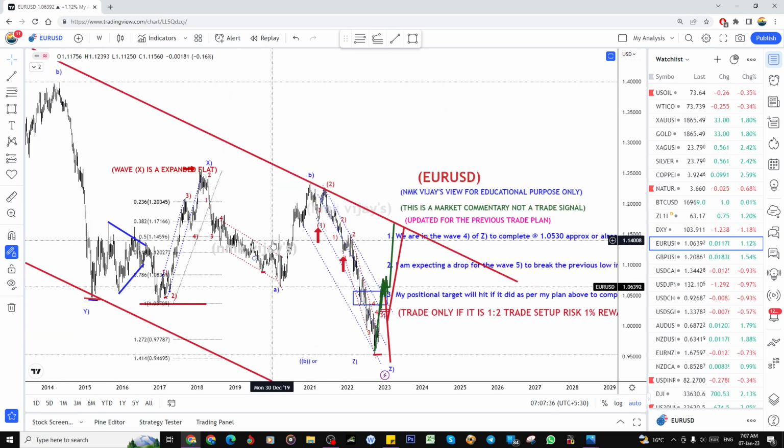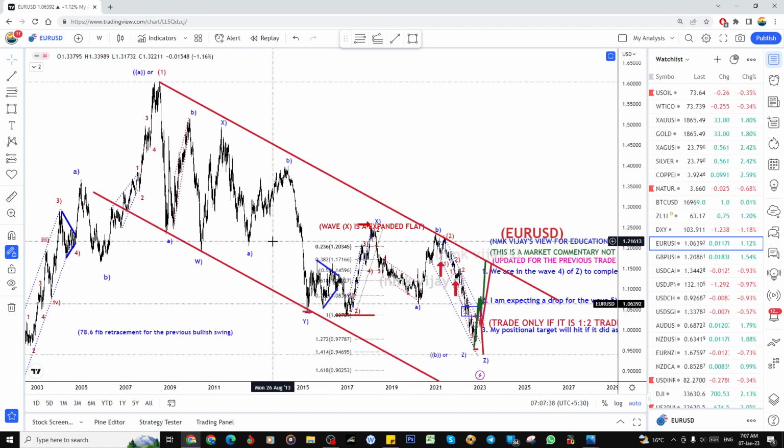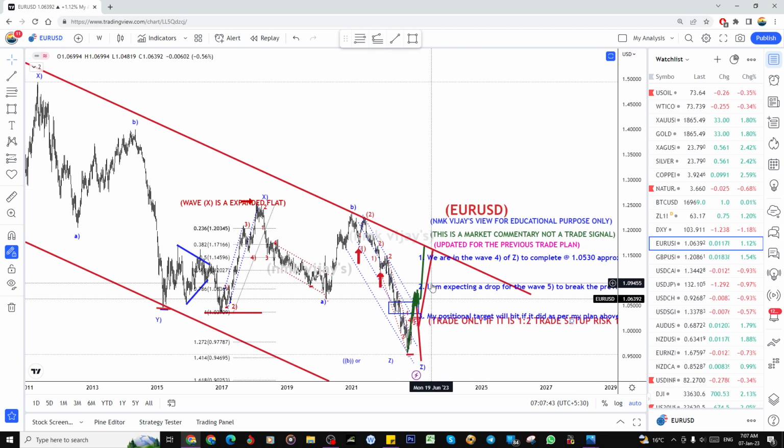So what we are analyzing in the chart, if it's doing otherwise, we need to look for another possibility. It may also be this one. So 1.16 is 1.1550 or 1.6 or 1.7, anything is possible.